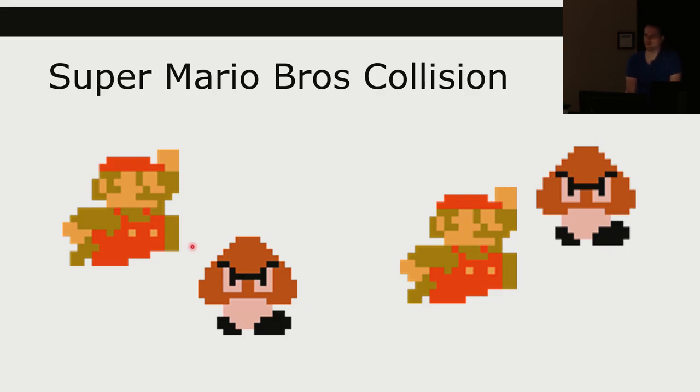If you've ever seen a Mario speedrun where they do something like this, especially with flying Koopas that are moving up and down, and then Mario just comes along and jumps off the bottom of the Koopa, it's because he was moving downwards and there was a collision. So all Mario Brothers checks is if Mario is moving down. And then if Mario is moving up, for example, over here, then Mario would die on this collision or become small or whatever.